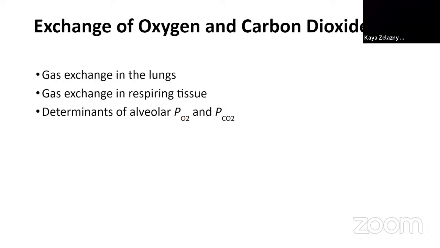And both of these things are going to affect the partial pressures of oxygen and carbon dioxide in our blood. We're also going to have to pay attention to the partial pressures of each of these in our alveoli, in that air, and take into account this gas exchange happening.